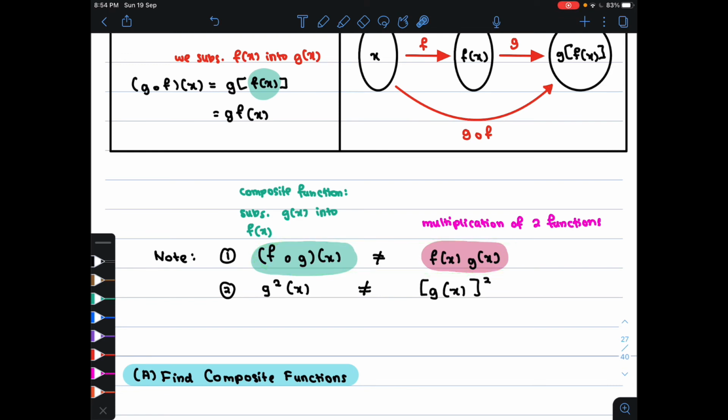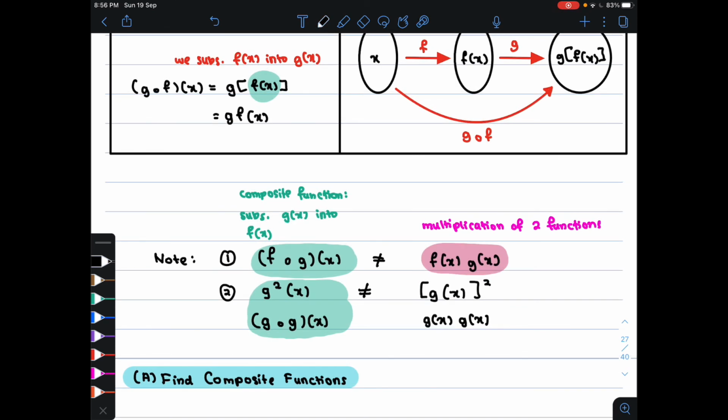What about number 2? For the left hand side here, just be careful. Here we have g squared x. This is actually the composite function gg(x). And for this case, this means that you're substituting g(x) into g(x). But for the right hand side here, we have g(x) bracket squared.